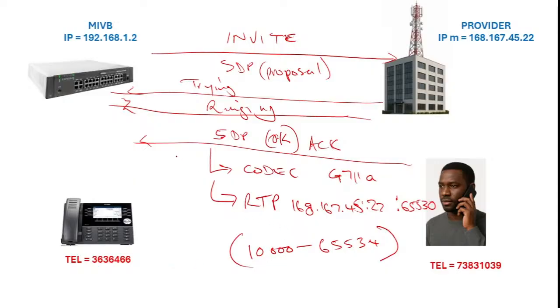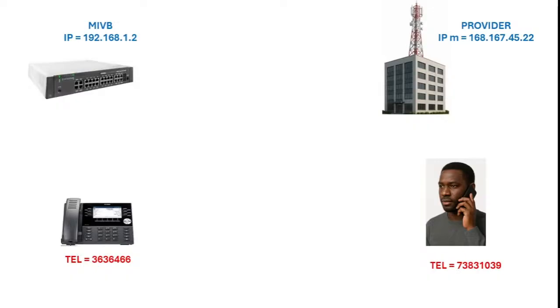So when this has been done, the SDP has been negotiated and agreed upon to say this is what is going to happen. We are going to go to this next step. So again, I'll recap.